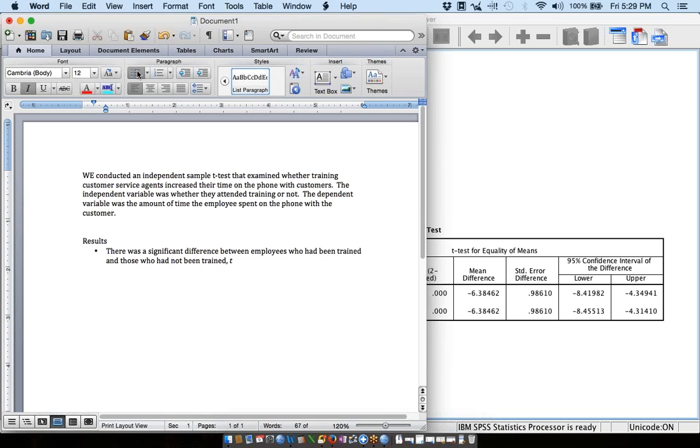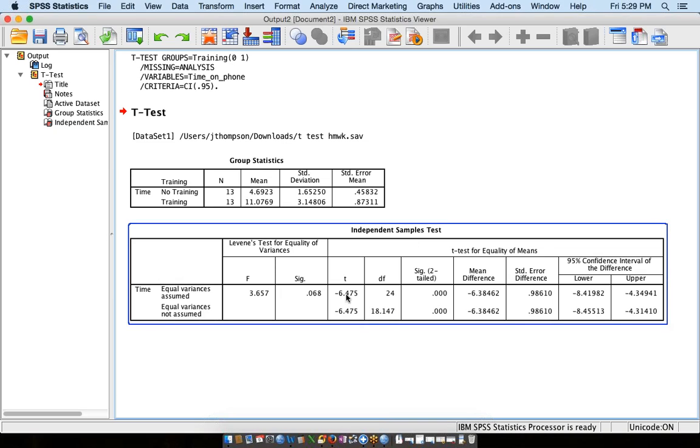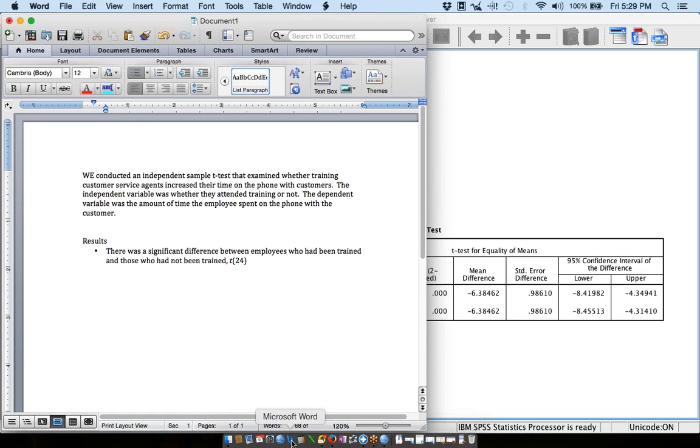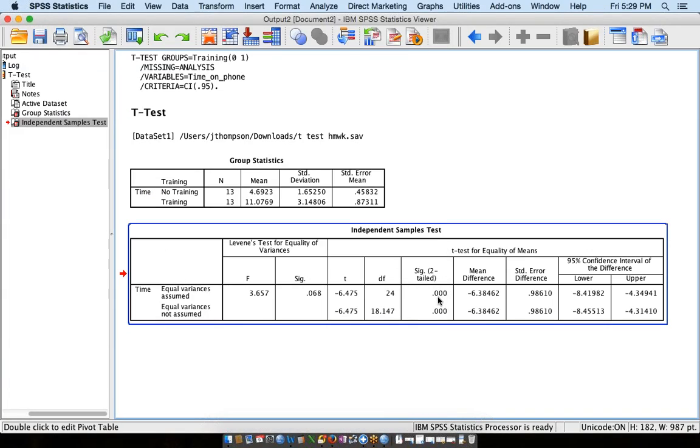Comma, I'm going to do it italicized t, the degrees of freedom, which we said was 24, and then 6.48. And notice I do not have a negative t value. Now I'm going to italicize my p is less than 0.001. And I'm getting that from right here.